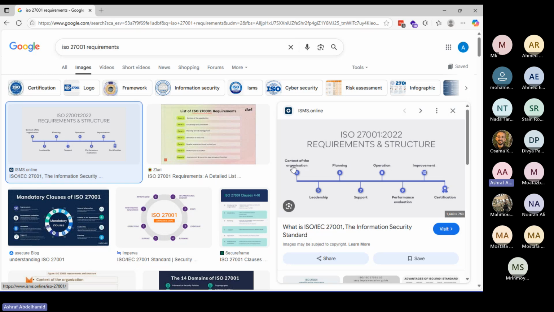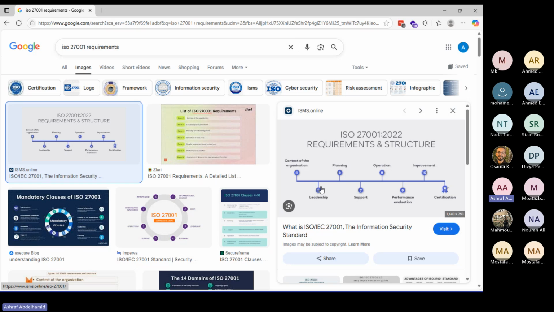This is the contextual analysis and the scope of the ISMS in the organization: defining the scope, understanding the internal and external environment of the organization, and getting the commitment of the management on the required resources, on improving the system, and so on.